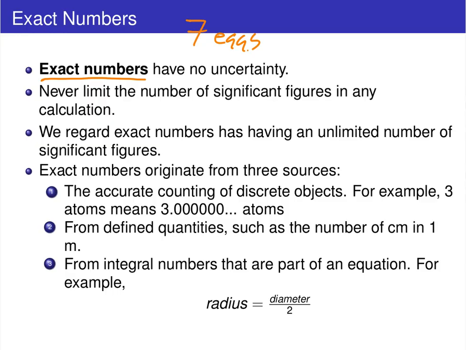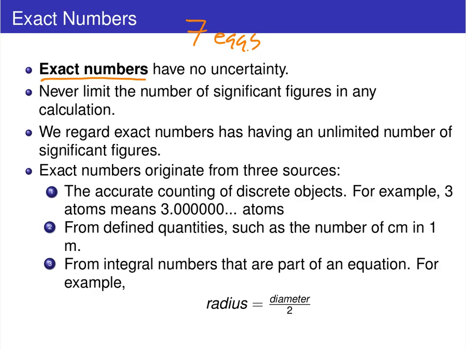Well, assuming you didn't have any broken eggs in there, partially eaten eggs or anything like that, but you just had an egg carton with 7 intact eggs, then you were counting discrete objects, 7 of them, and so you could have equally well written out 7.0 eggs, 7.00 eggs, 7.000000, and on to infinity eggs, and have been just the same accuracy. So that 7 represents an exact number.